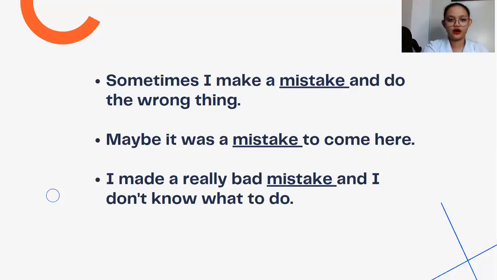Then we also discussed the meaning of mistake, how it is used in a sentence, some photos to help us have a deeper understanding about the word mistake, and we also discovered that the word mistake is part of the ake family, together with the words cake, awake, and bake.